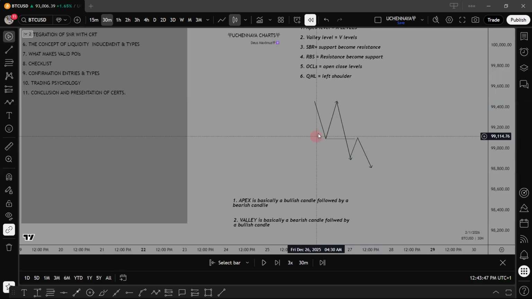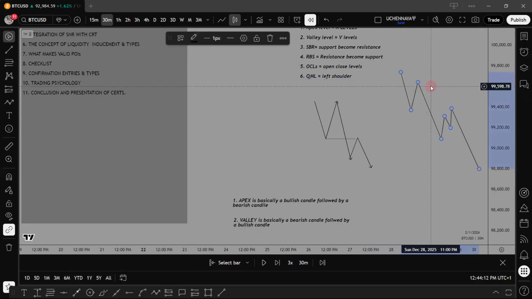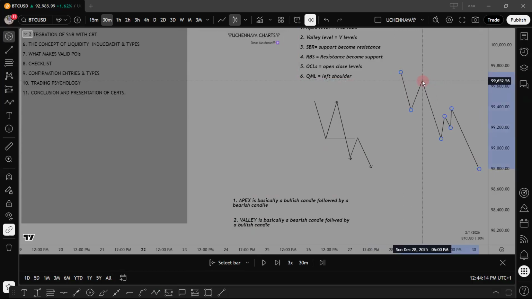Okay. This is price reclaiming this level that was actually violated. That is why most of the times you see people taking entries like this. These kinds of entries are coming from SBR levels, support become resistance levels.